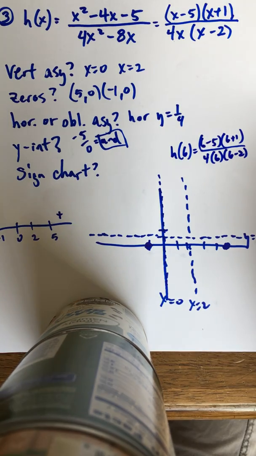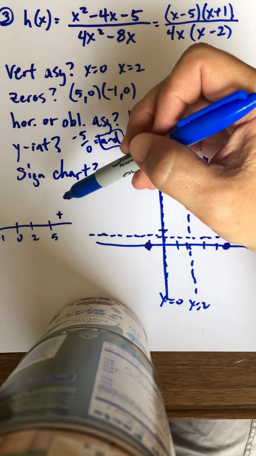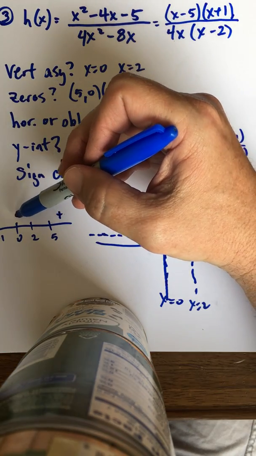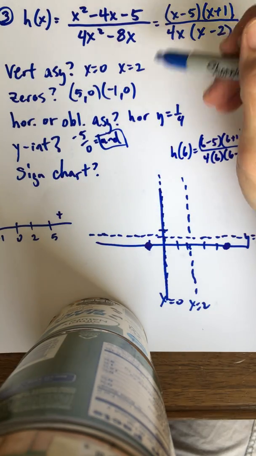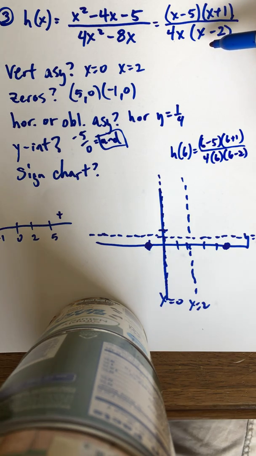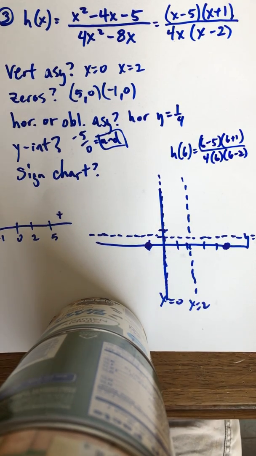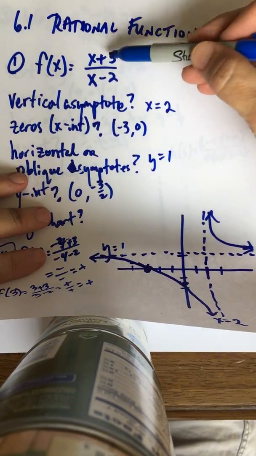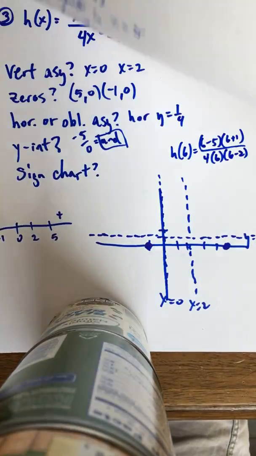Now, the shortcut for this is the signs will always alternate positive, negative, unless a 0 is repeated on the top or bottom. Notice on problem number 1, I'll pull that back up real fast so you can see that. The only critical numbers were negative 3 and 2. There was nothing repeated.